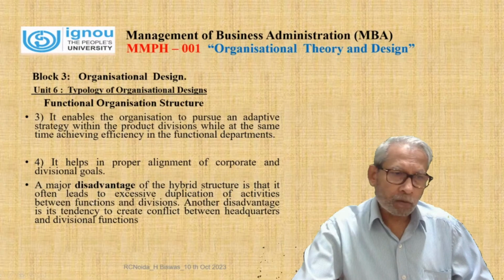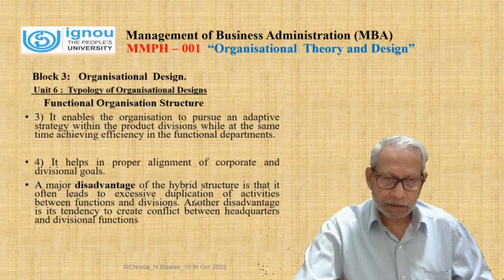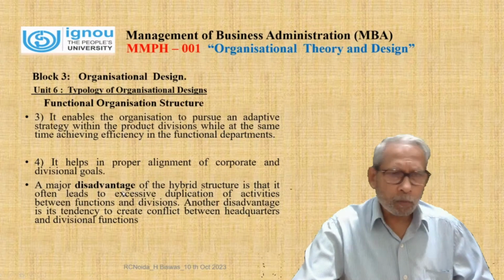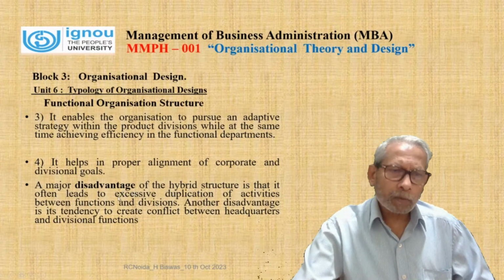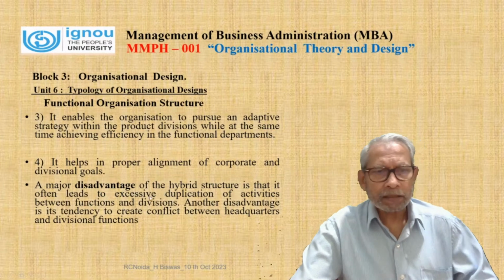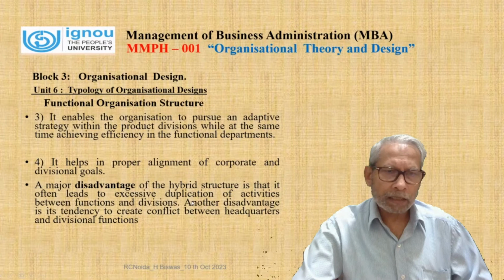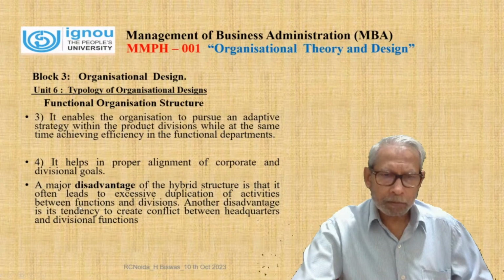The disadvantage is this: the hybrid structure often leads to excessive duplication. Because both things are combined, there are chances of duplication of activities and functions, which may create problems.